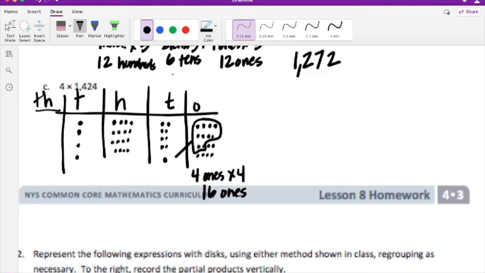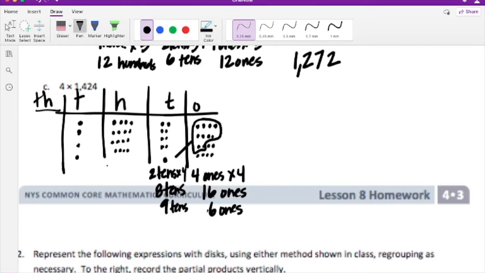So that's 1. Then I have 2 tens times 4. That's 8 tens. But I added 1 from the 1, so that's 9 tens. So nothing to regroup there. And this would be 6 ones after I regroup.